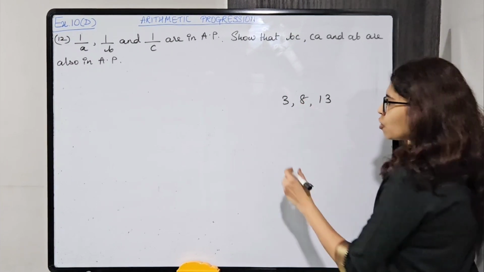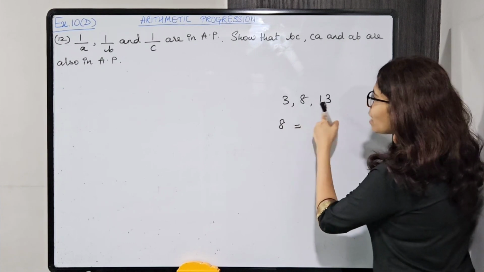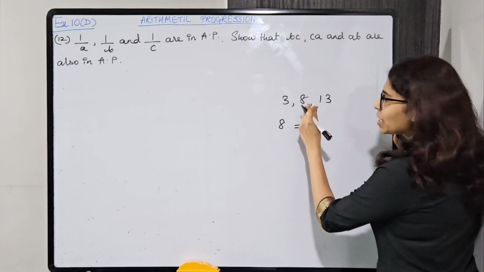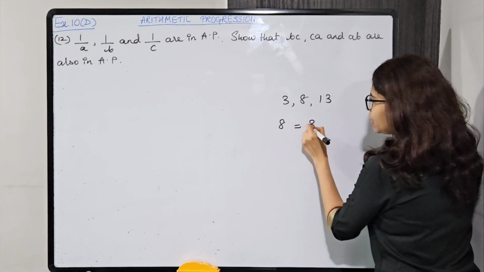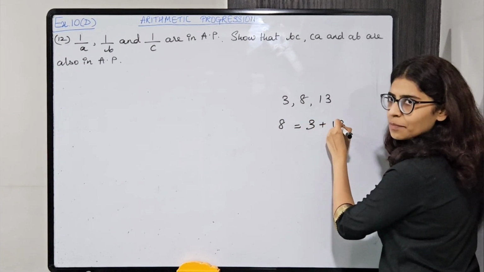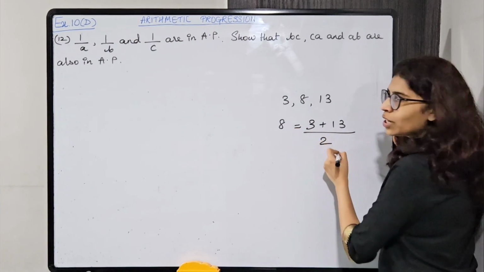Why? Because this is equal to sum of the other two terms, जो उसके पहले वाला टर्म है एंड बाद वाला टर्म है.